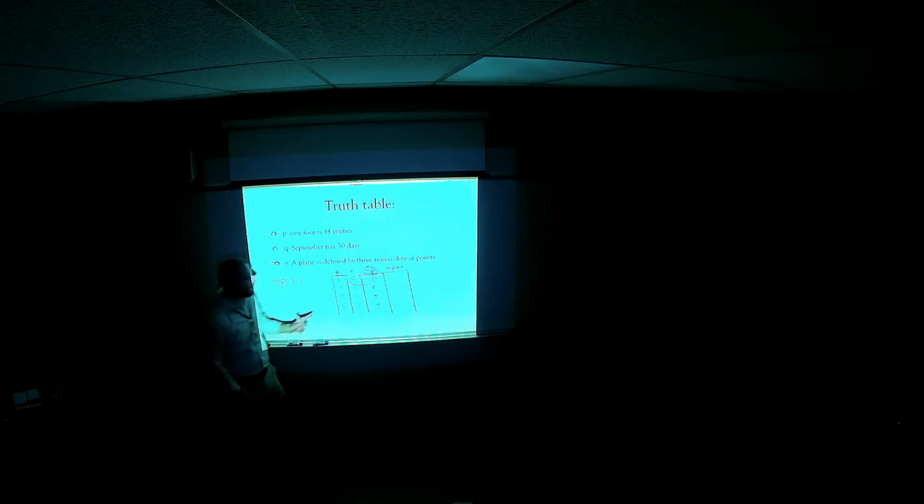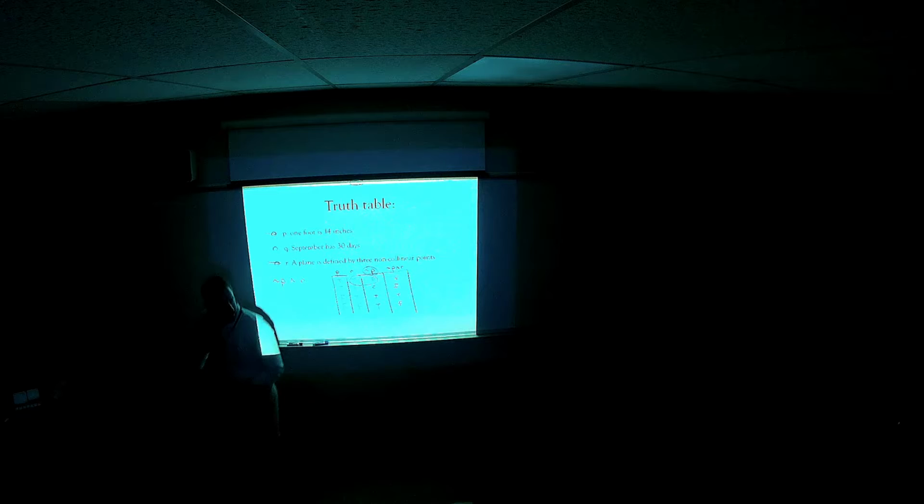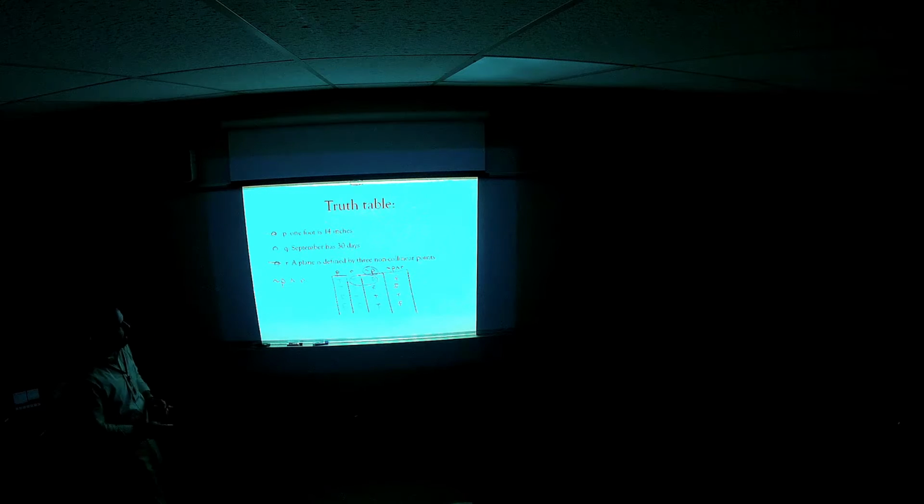Again, how this works: if there's any falses in this sentence, this will automatically be false. So do we have a false? Yes, so this is false. Do we have a false? Yes, they're both false. True, true means true, and true, false is a false. Remember, if there's any falses in that statement, it's automatically a false. They both have to be on the plate for it to work. That's the idea. I always think back to that common sense thing.